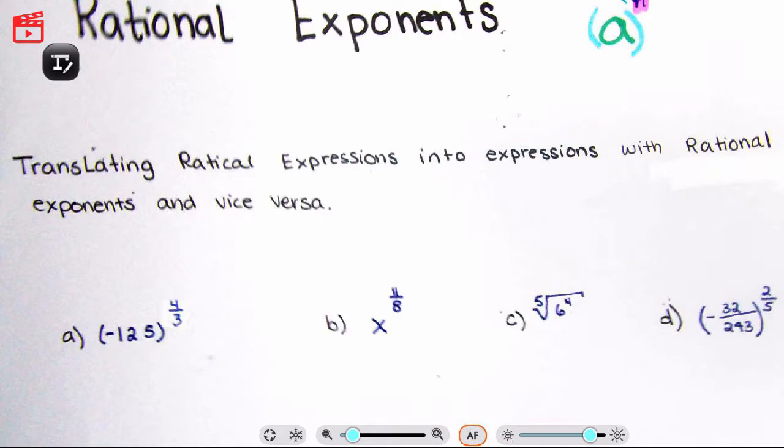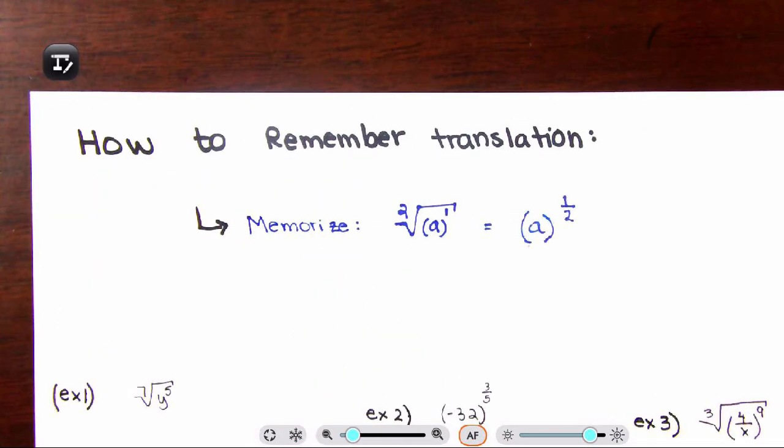All right, beautiful people, once again, before I jump into these examples, I want you to memorize this. It always confuses me which one's m and which one's n, especially since we just finished talking about the rational root theorem, where we also used m and n. So the easiest way to remember the translation is to remember the square root.